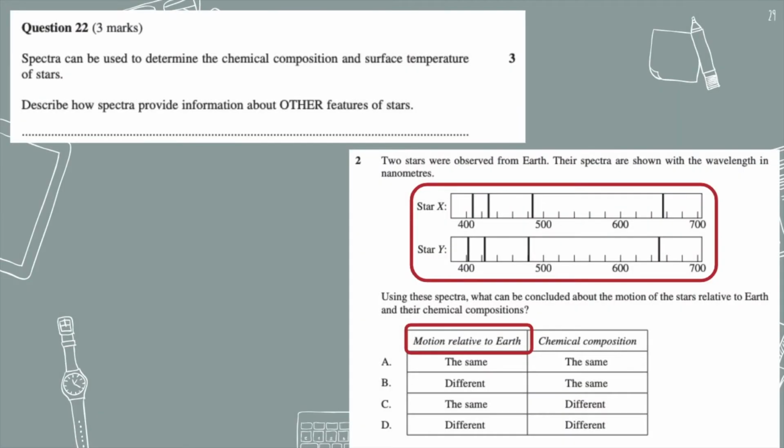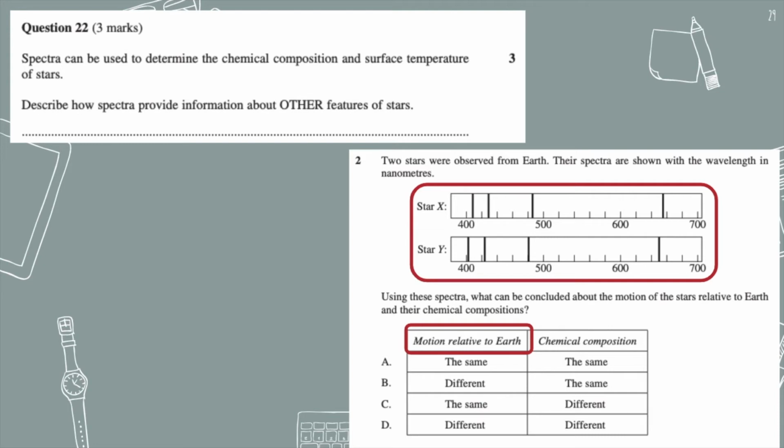Now, if we compare question number 2 with question number 22, we see that we've already got a clue from the multiple choice question. In the multiple choice question, it mentioned chemical composition and motion relative to Earth. So I already know of one feature that can be provided based on the stellar spectra of a star. Now, the next clue here is in the term features.